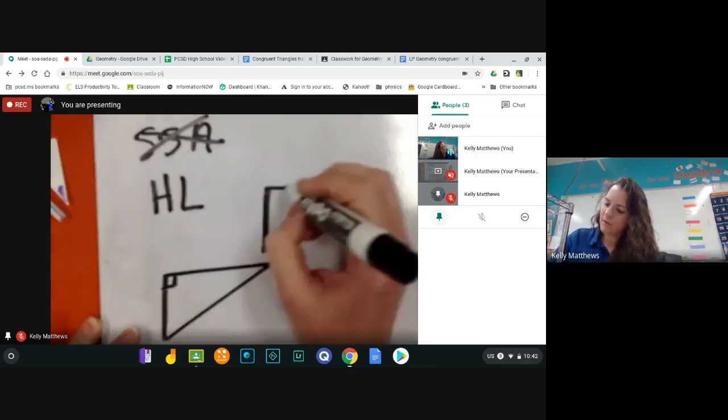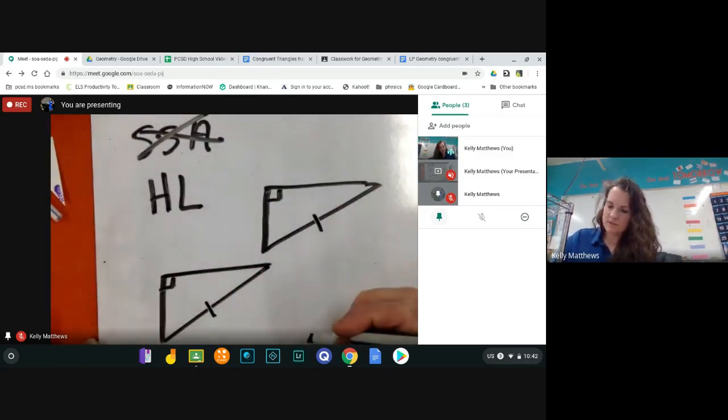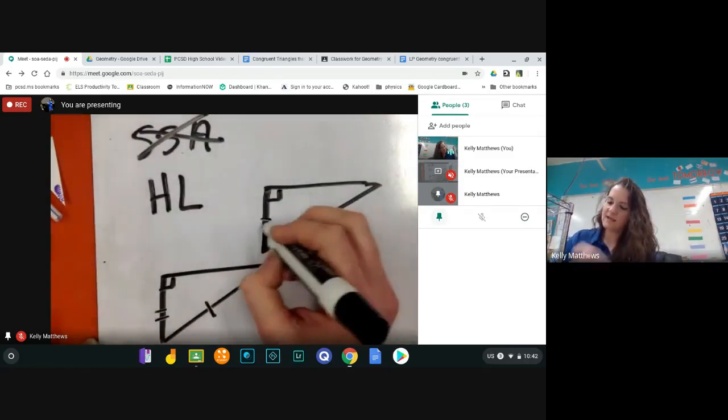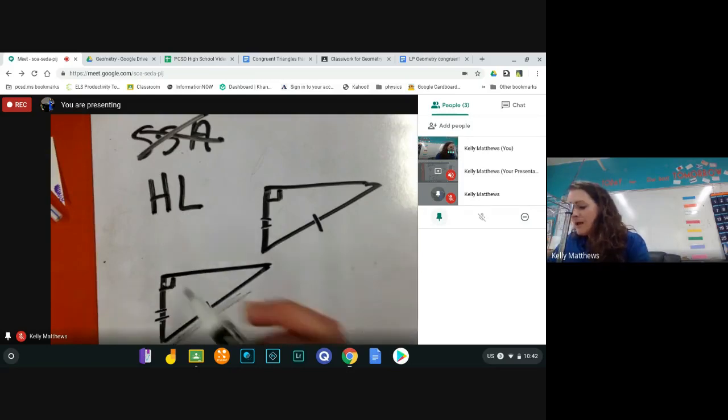If I start out with a right triangle, and if I know that the hypotenuses match, and that a leg matches, well, technically this looks like a side, and an angle, but it's just a special version since it's a right triangle. So side, side, angle, hypotenuse, leg, that's the version of it that works.